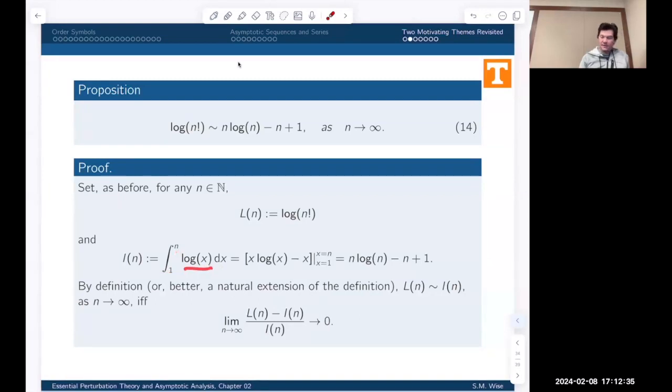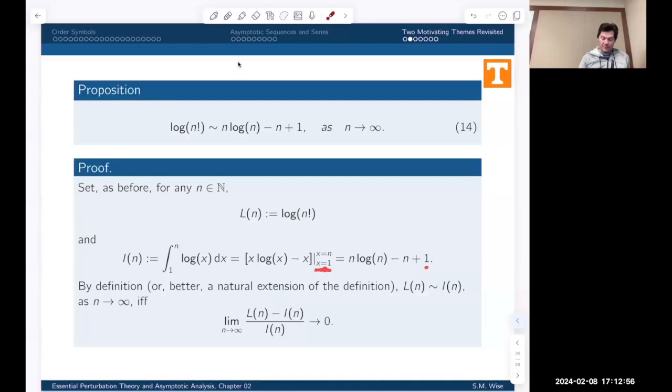And log x has an antiderivative, x log x minus x. If I take the antiderivative, use the fundamental theorem of calculus, and evaluate at the endpoints, I just get n log n minus n plus 1.